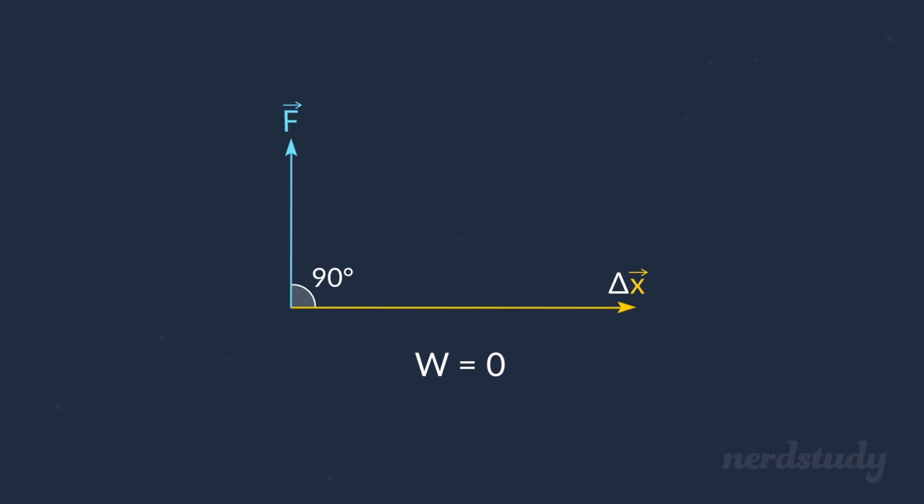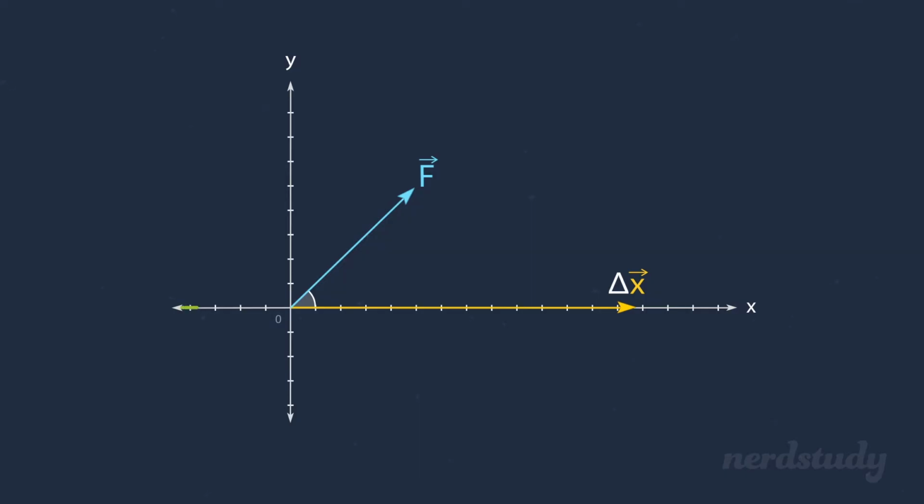But what if the two vectors are at another angle, like this? What would the work be in this case? Well, to answer that question, let's impose a coordinate system on this diagram. We have one axis running in the same direction as the displacement, and another axis that's perpendicular to it.